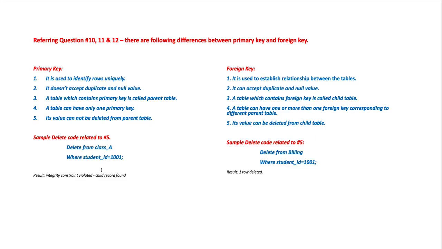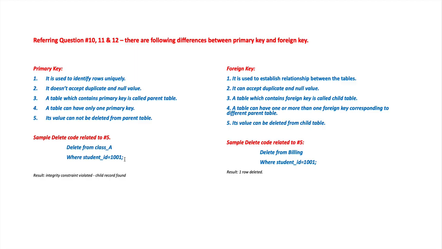We have a sample code given here. That code starts with delete from table name where column name is certain value. Let me use here delete from class_A, the parent table, where student ID is 1001.